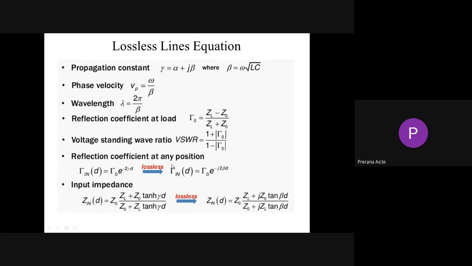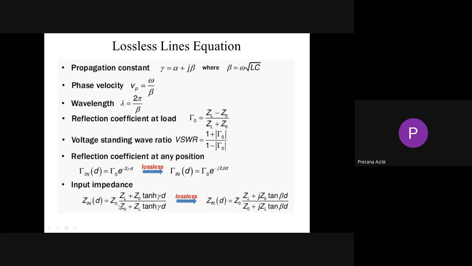The reflection coefficient at any position of a transmission line, we can calculate from the load side. Because the transmission line is of long distance, at any point in between the source and destination, delta in is equal to delta naught into e power minus 2 gamma d, where d is the distance and gamma is the propagation constant alpha plus j beta.